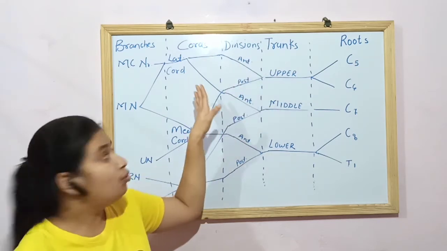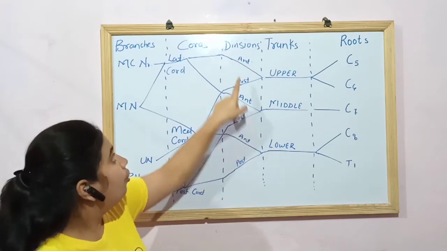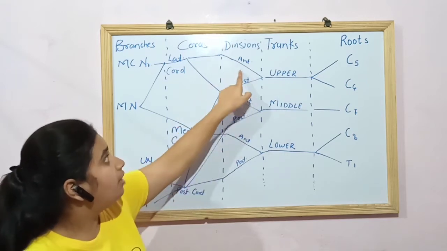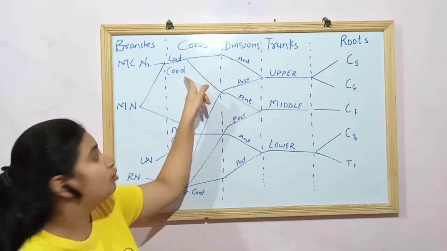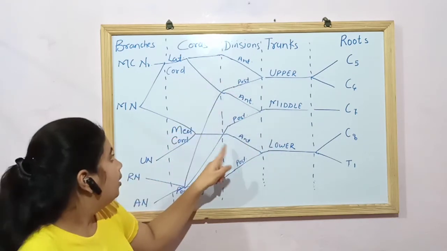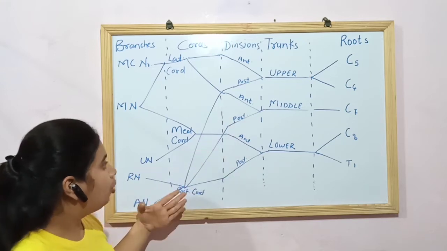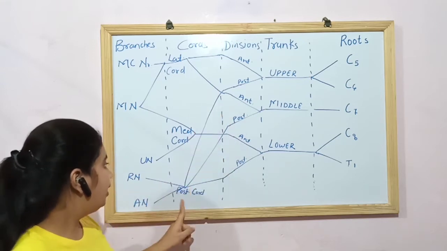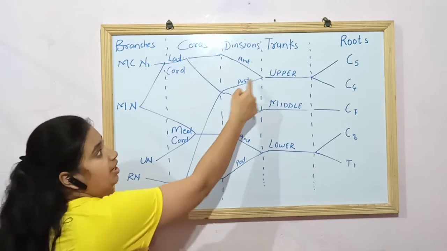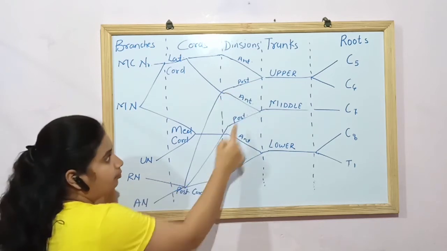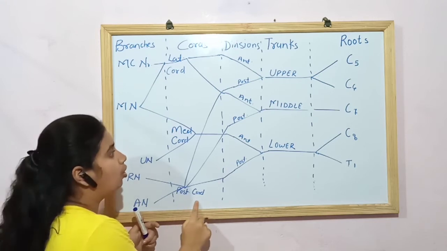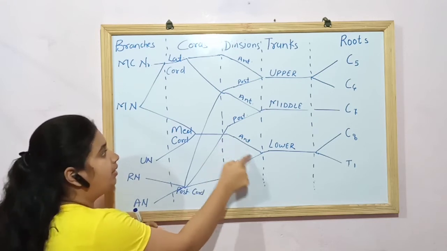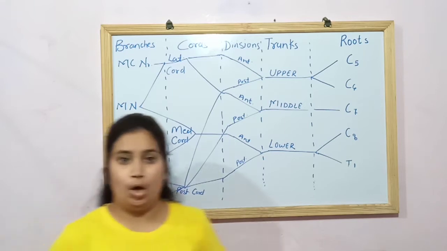Divisions give rise to cords. So the anterior divisions of the upper trunk and middle trunk combine and give rise to the lateral cord. Your 3 posterior divisions, 1, 2, 3, combine and give rise to the posterior cord, and your remaining anterior division gives the medial cord.